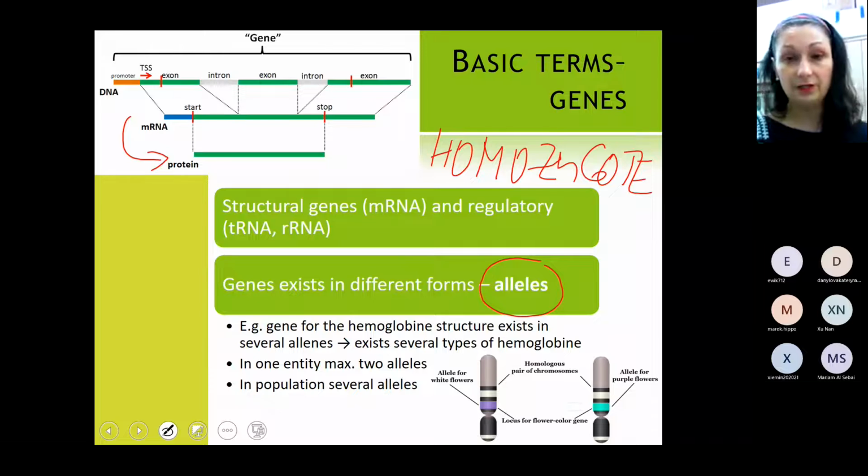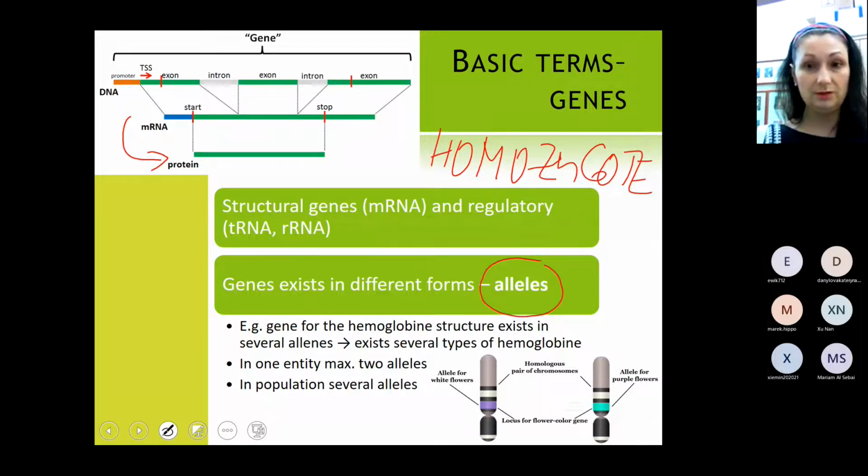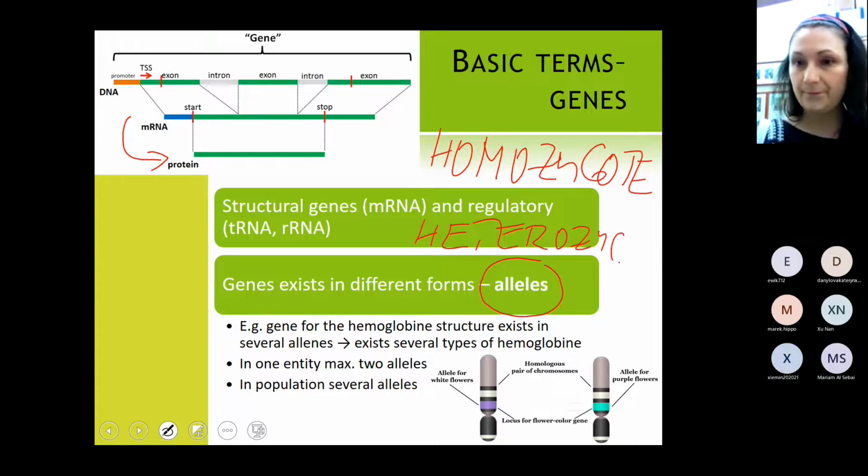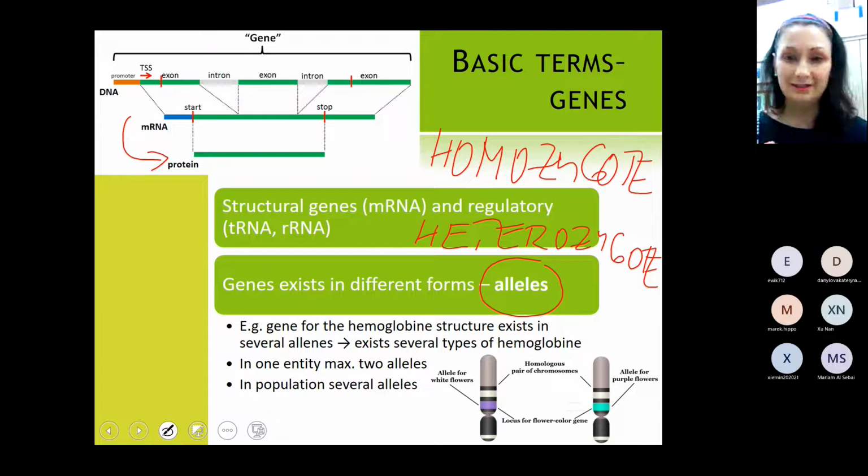But if they are different, so the sequence is different, we are talking about the heterozygote. So gene means the recipe, allele means different, slightly different or modified recipes.